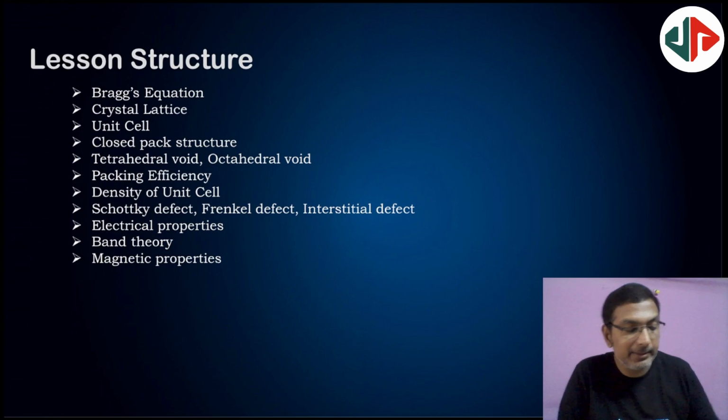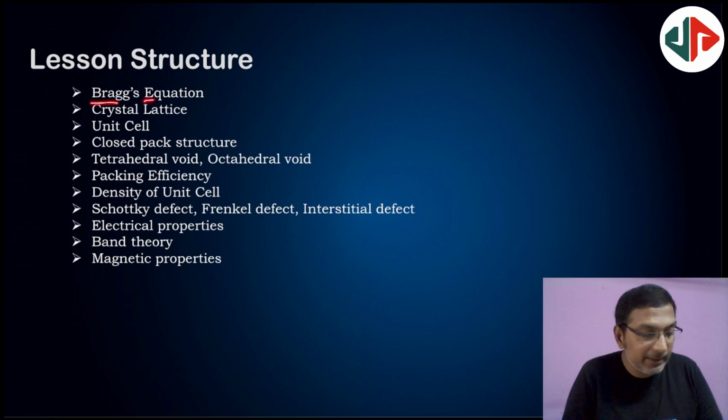Here we'll discuss Bragg's equation, crystal lattice, unit cell, close packed structures, tetrahedral voids and octahedral voids, packing efficiency or packing fraction, density of unit cell, defects, Schottky defect, Frenkel defect and interstitial defect, electrical properties, band theory and magnetic properties. We will discuss all these.